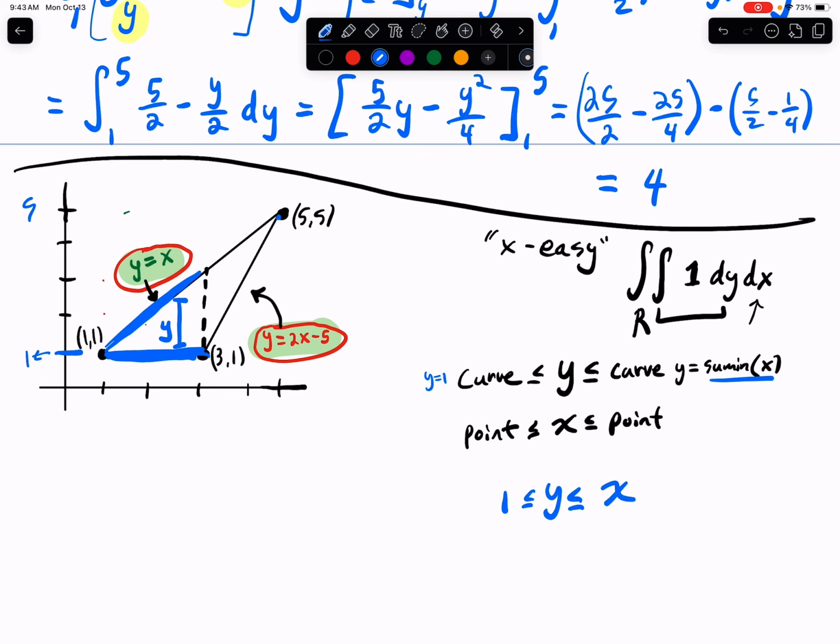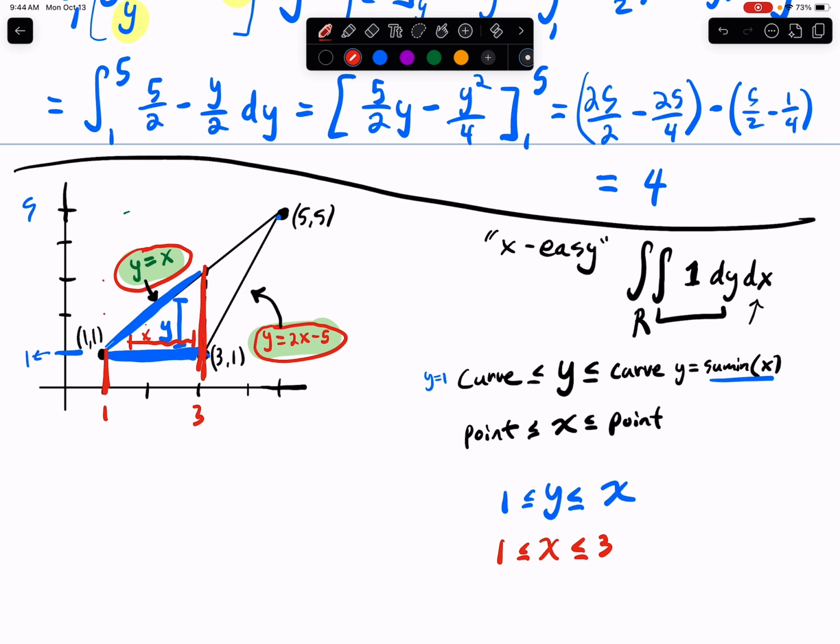Now, the x, okay, what is the x stuck between? The smallest the x value can be is 1, and the biggest the x value can be for this first part is 3. So x is stuck from point 1 to point 3. All right? So what does that look like?